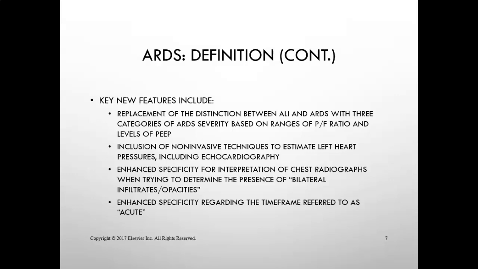So it's saying here that you could use an echo to do that. And we also have ways to put catheters in to measure some parameters that give us ideas of what the pressures in the left side of the heart are doing. And so that's what this is saying. We need to know that this is not congestive heart failure.